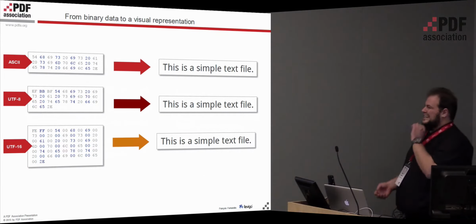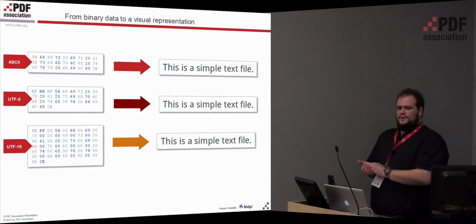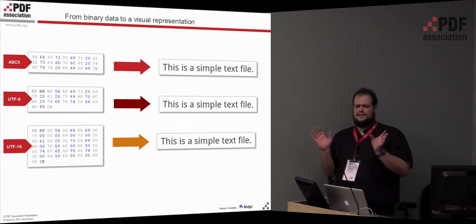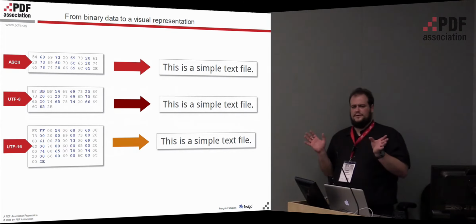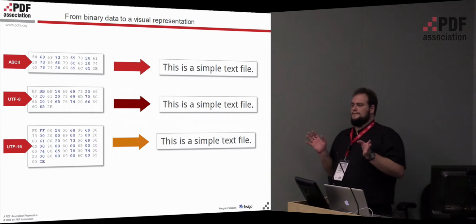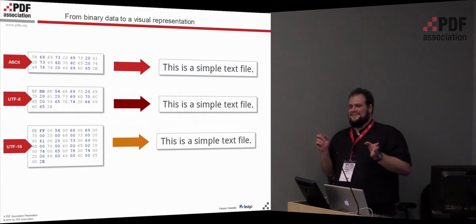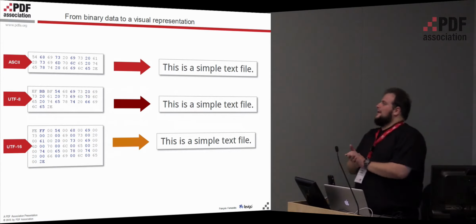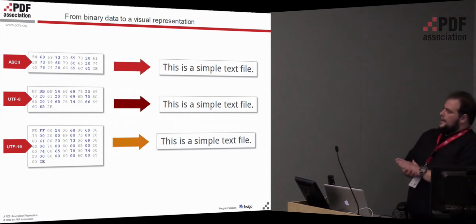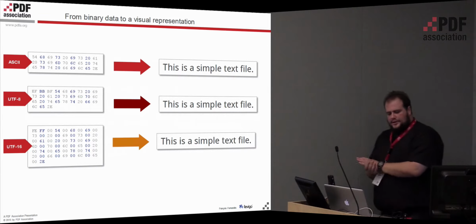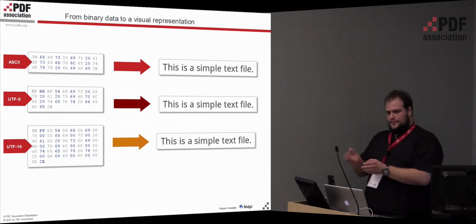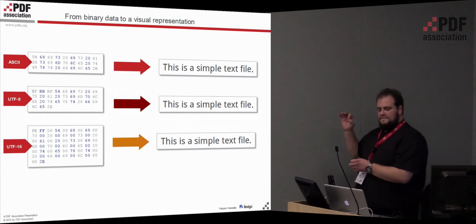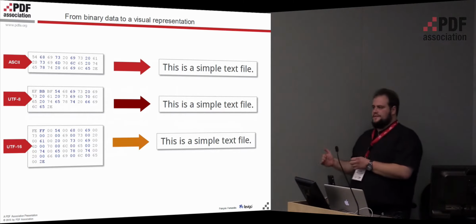First of all, encoding. Who has, well, I guess everyone has heard the term encoding before? Who hasn't? Oh, that's a bad question, I know. Okay, no one. Perfect. So I'll skip all of that. Basically, our encoding specifies how to read or interpret the binary data that we are facing.